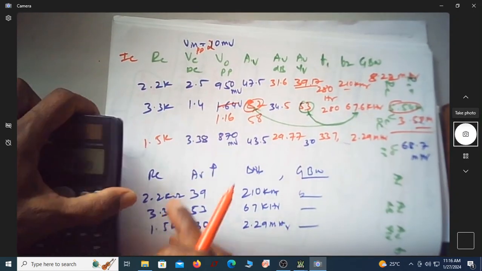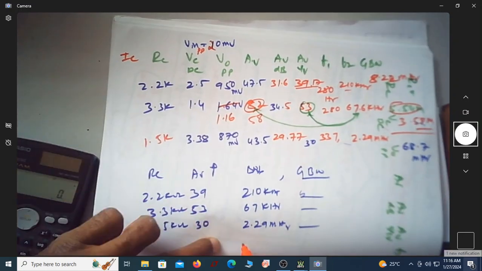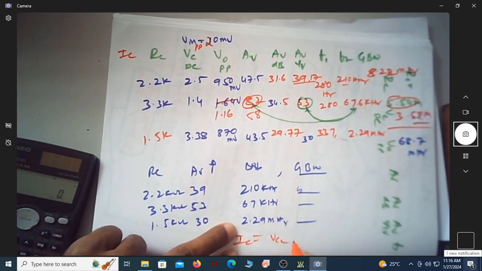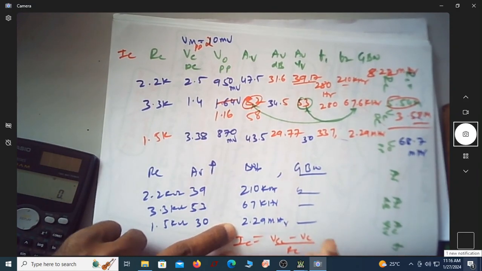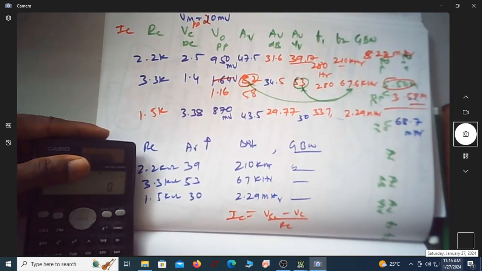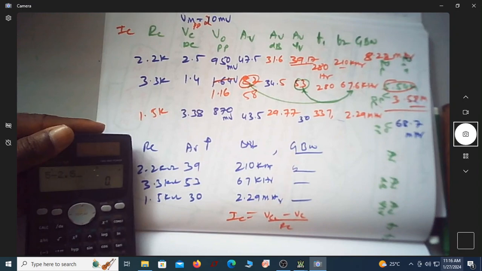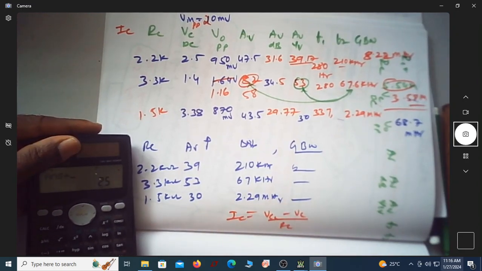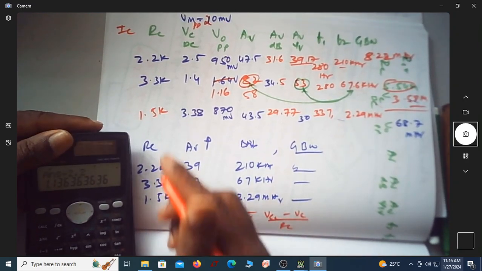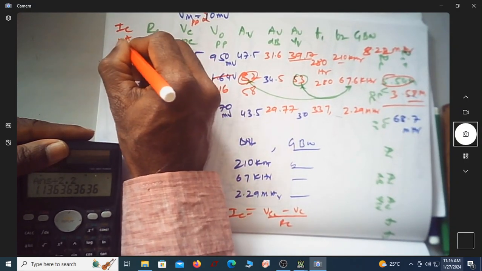So what is the IC value given by? IC is given by VCC minus VC by RC. So this is the expression for IC. Let me find out how much that is. It is 5 minus 2.5 divided by 2.2K. So it is 1.13, in terms of milliamperes.